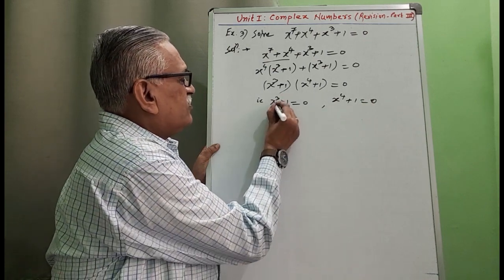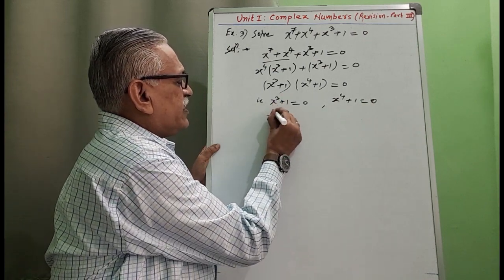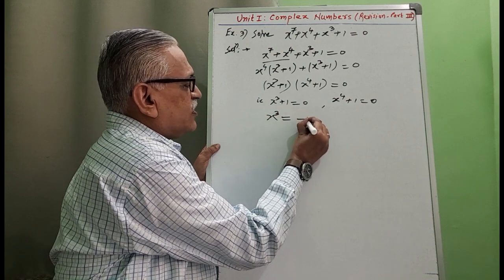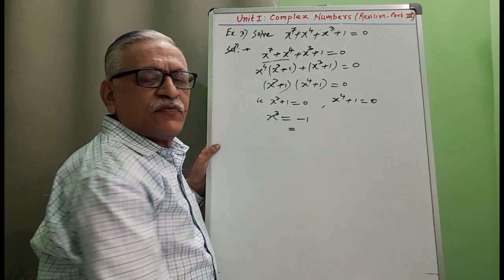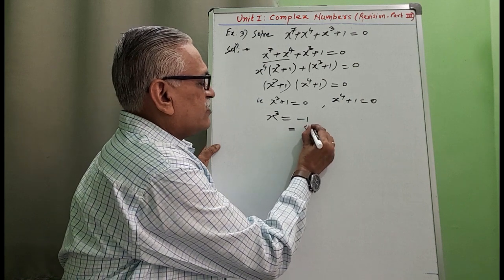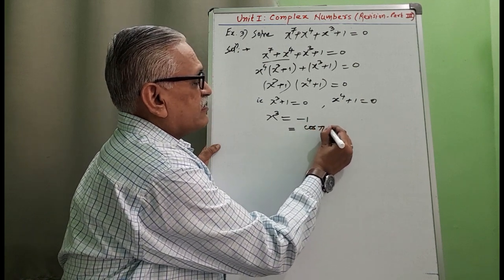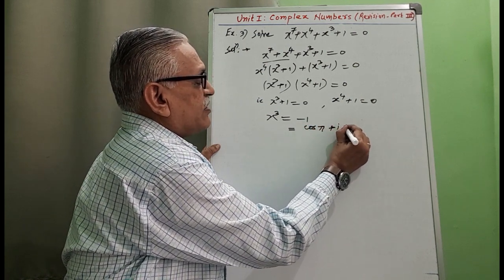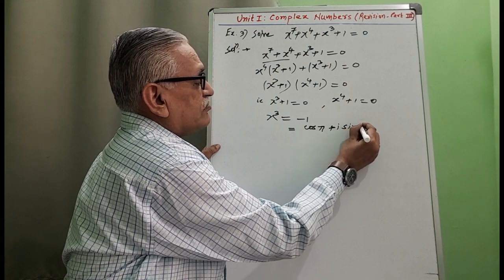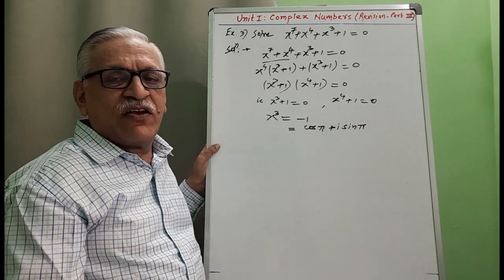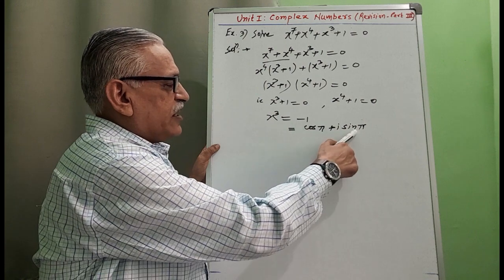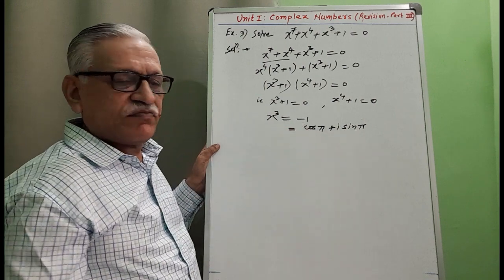From the first equation, we get x cube is equal to minus 1. Converting into polar form, this is nothing but cos pi plus I sin pi. The value of cos pi is minus 1 and sin pi is 0, therefore we get minus 1.